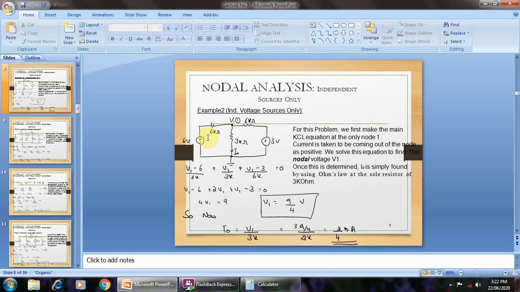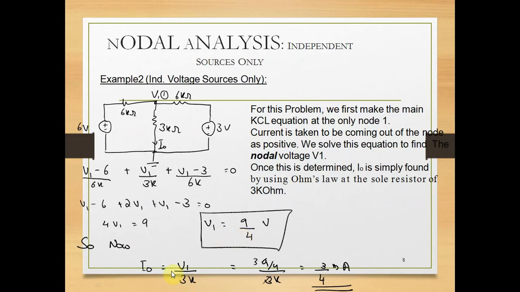Due to the 6 volt and the 3 volt sources, the total current is flowing through this circuit. Hence I0 is equal to V1 upon 3, where V1 is 9 upon 4 volt. 6 minus 3 means 3 volt is to be considered.